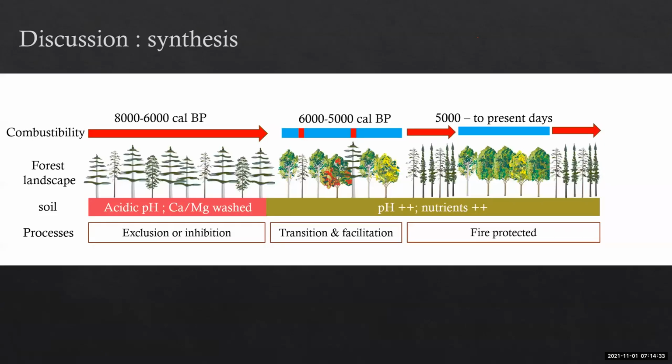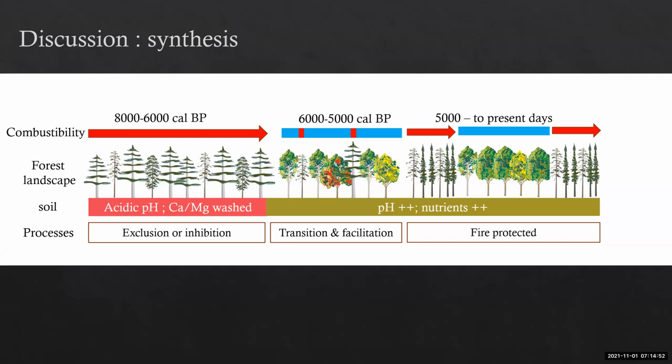So how does it play out? This is the main hypothesis we got. During the first 2,000 years, between 8,000 and 6,000 BP, we had mostly a forest landscape dominated by Pinus genus.